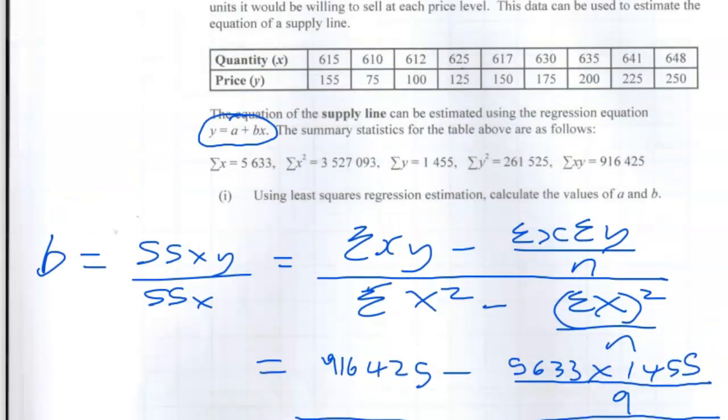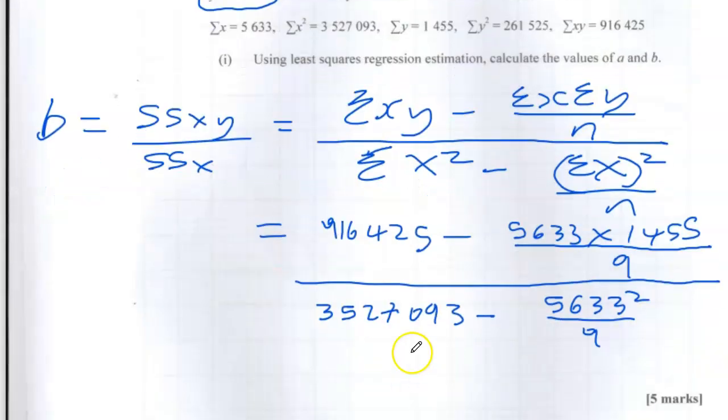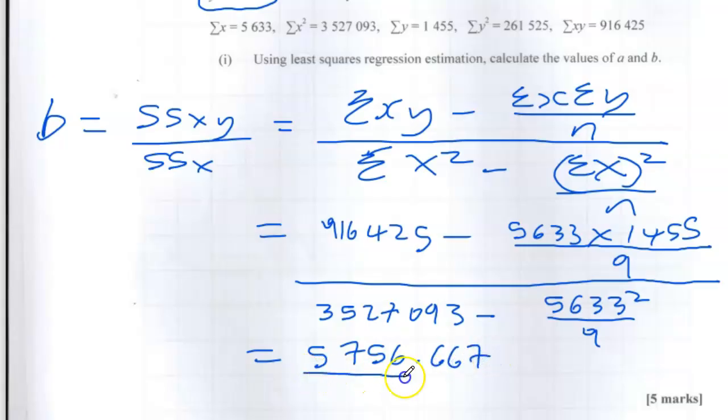Using your calculator, the numerator should work out to be, I'm getting 5756.667.